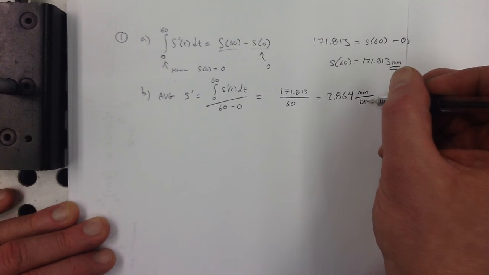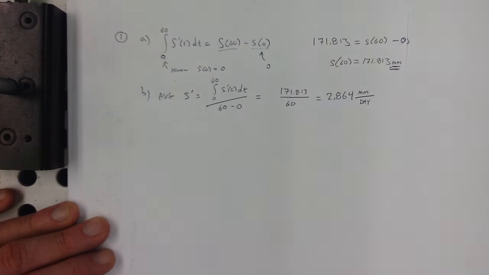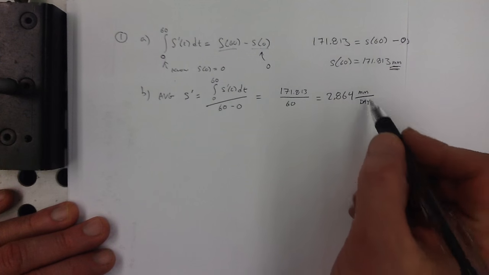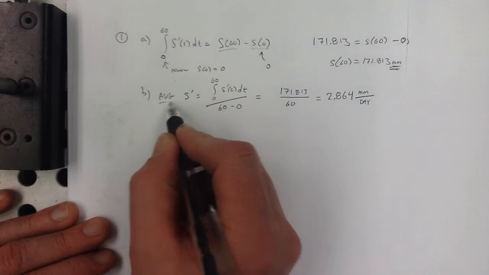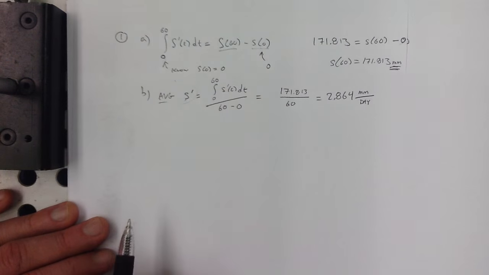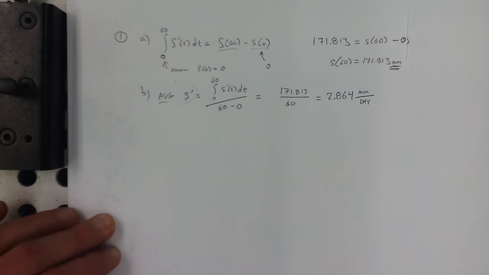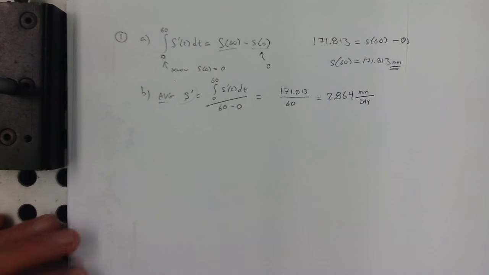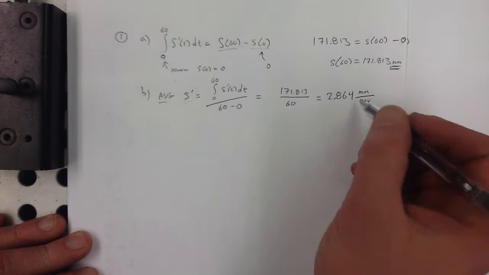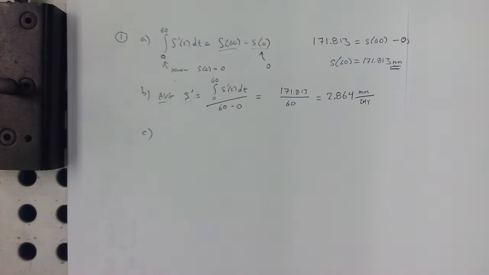Yeah. So that's millimeters per day. 2.864 millimeters per day. The units of the average of something are the same as the units of the thing. If you have a bunch of test grades and they're all worth so many points, when you find the average, it's in the same units, points. So got to use our average value thing there.